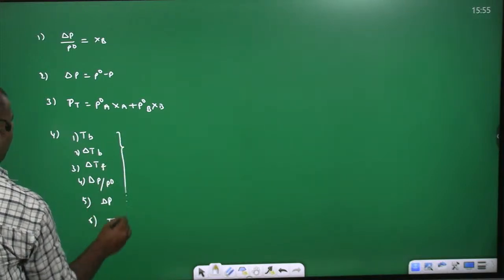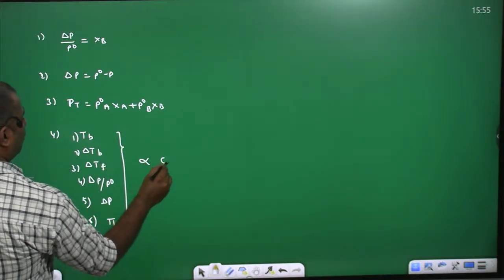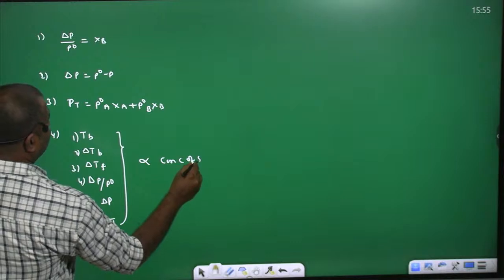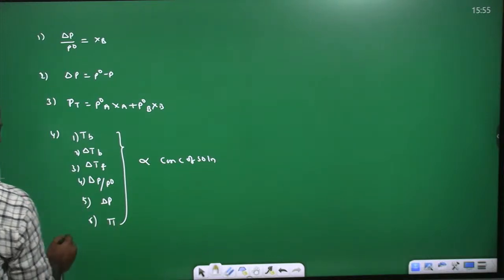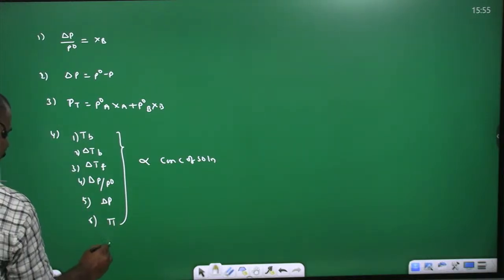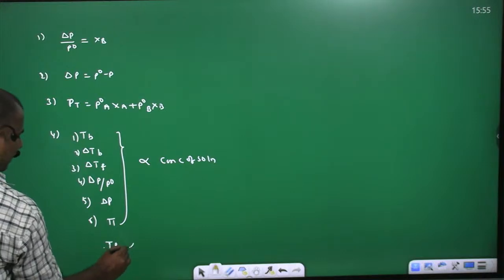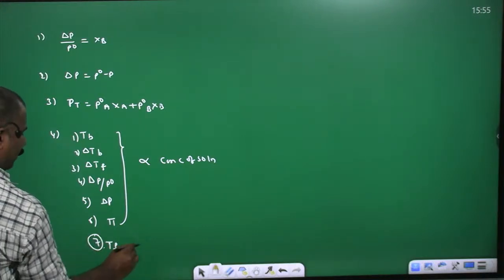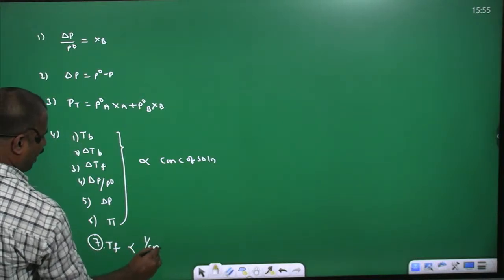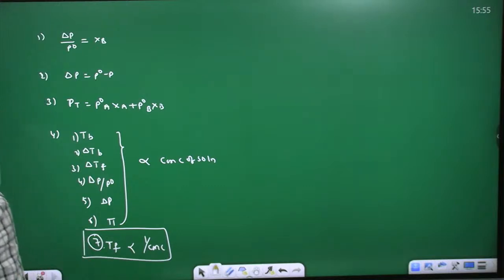These all are directly proportional to concentration of solutions, except delta TF. Remaining all are directly proportional to concentration of solution.